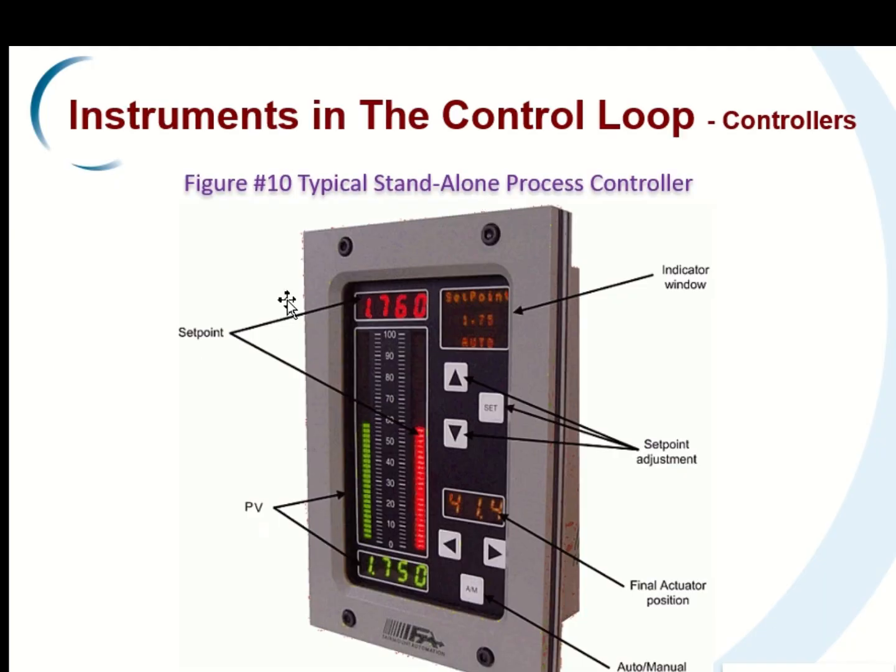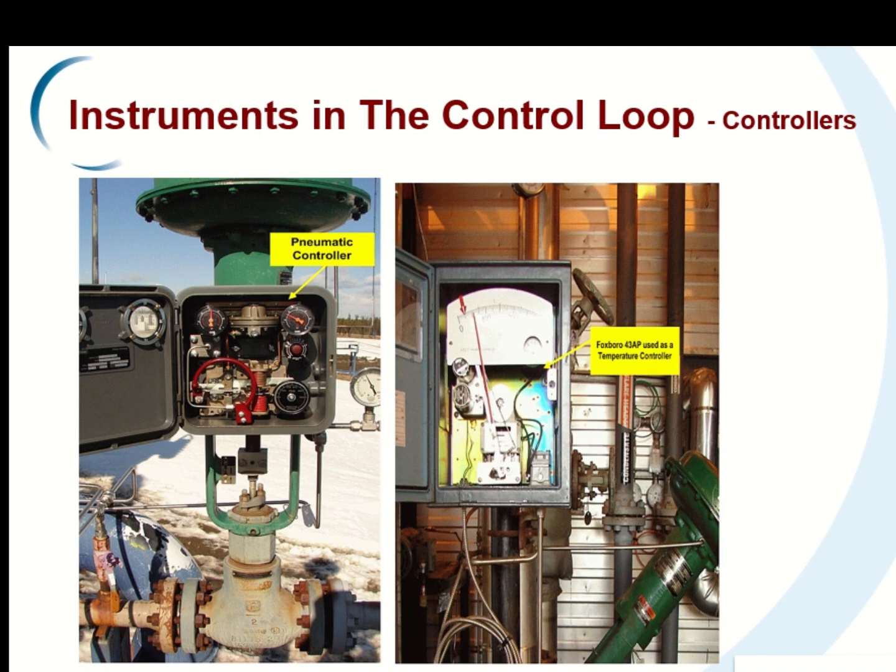These figures are unclear, but you can see them as well. Instrument and control loop: you can see some of the pictures, a pneumatic controller, then a temperature controller system. So figure 11, in B and C, shows local control loops where the pneumatic controller is physically mounted on the control valve.